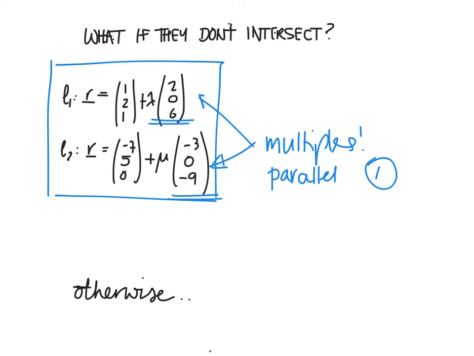You'd still have to identify that and write some words to explain that to your examiner, but you could do that quite quickly. You don't need to do any further calculations there.